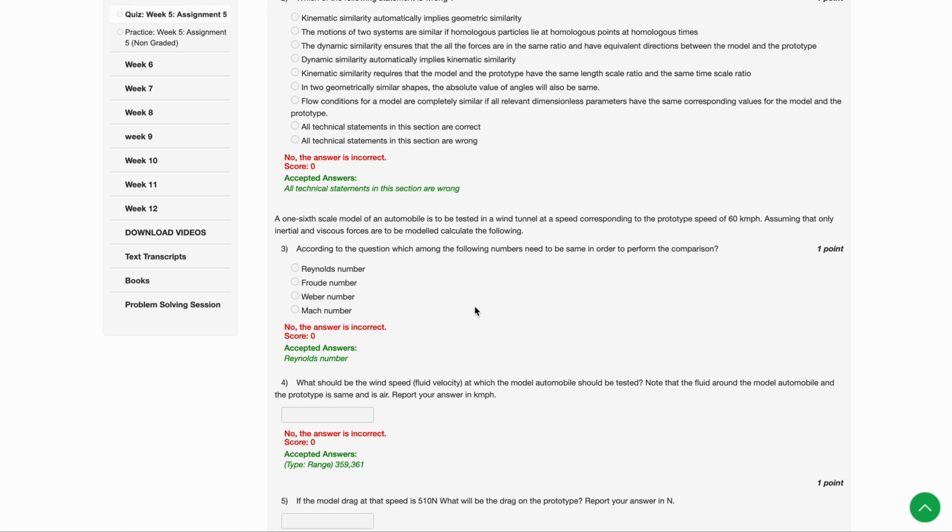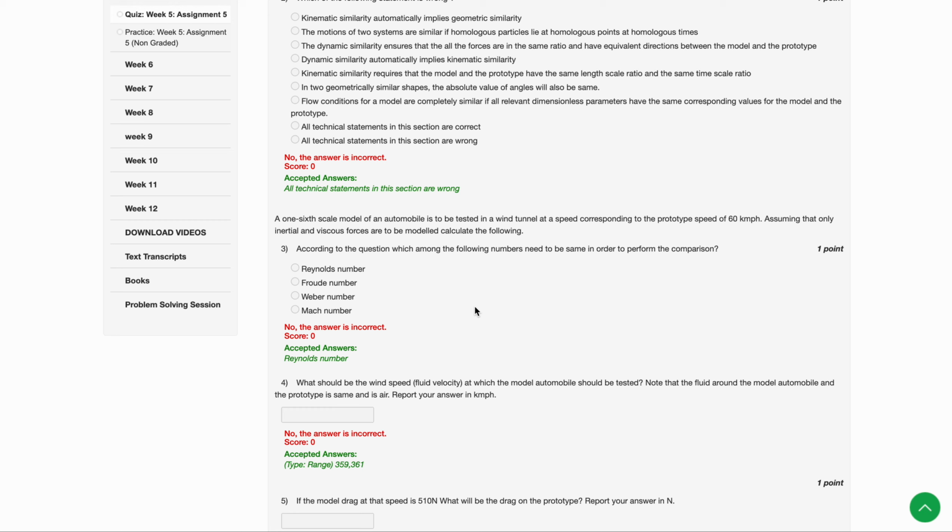and you have a model. Okay, so what is given, so it is given that both for the prototype and the model, we are only concerned about the inertial force and the viscous force.